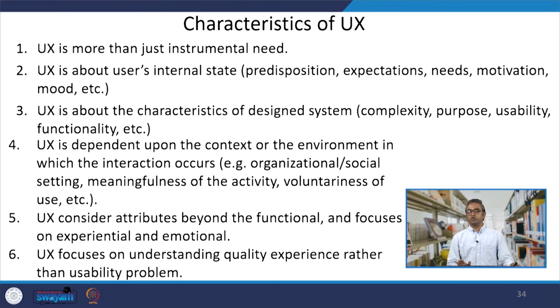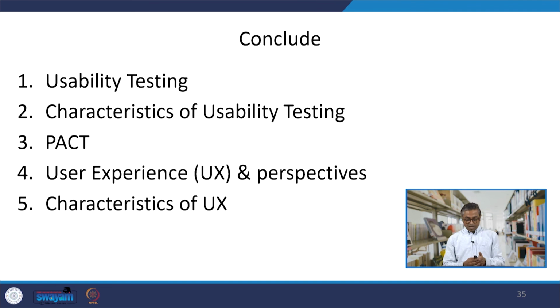User experience is not talking about usage, but about the quality of the user experience, how well the user is experiencing, and what the nature of experience is when he or she is interacting with the system.